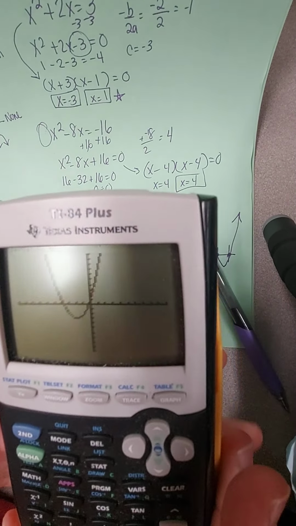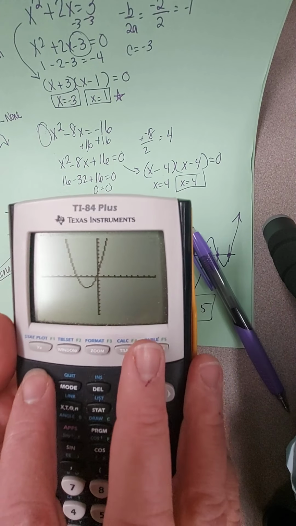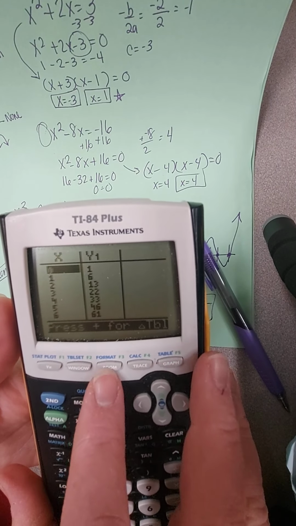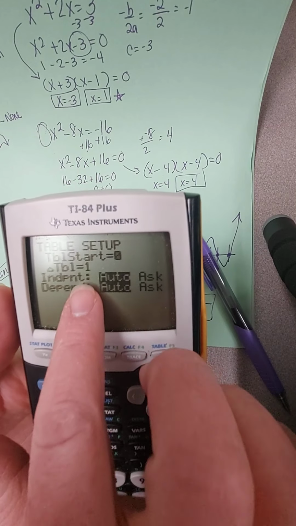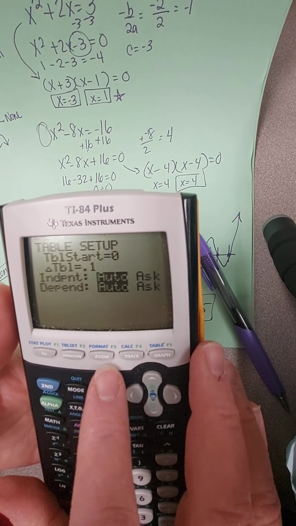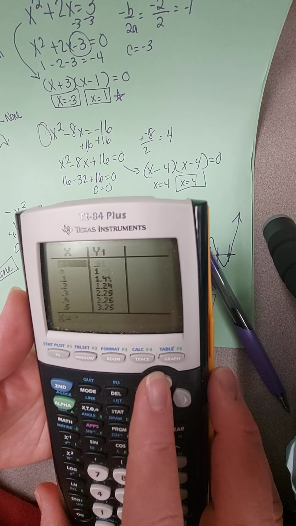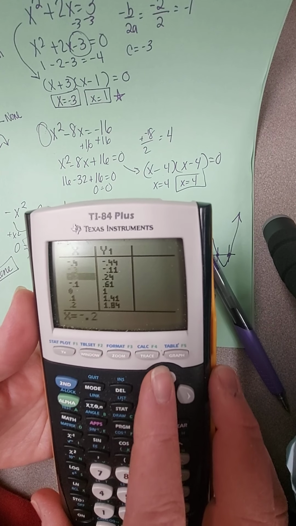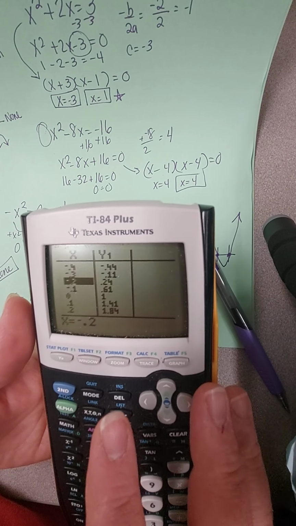So go to your second function, your table, and change your table to be 0.1. Now, it's kind of a pain, but if you go to 0.1, you might be able to get a better view. See how it went from positive to negative? So somewhere between there, negative 2 something something, okay?